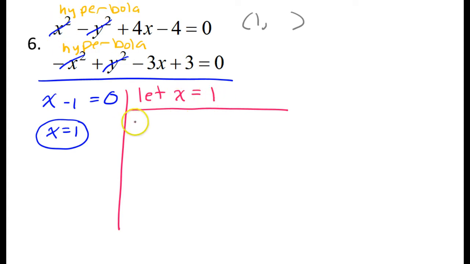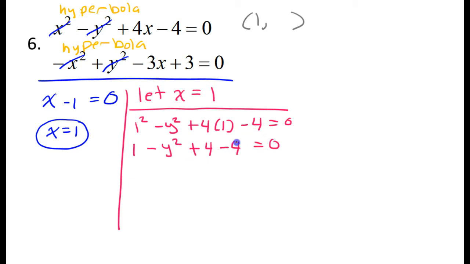So that means I'm going to have 1 squared minus y squared plus 4 times 1, right here, minus 4 is equal to 0. So that's going to be 1 minus y squared plus 4 minus 4 is equal to 0. These cancel each other out, so I have 1 minus y squared is equal to 0.